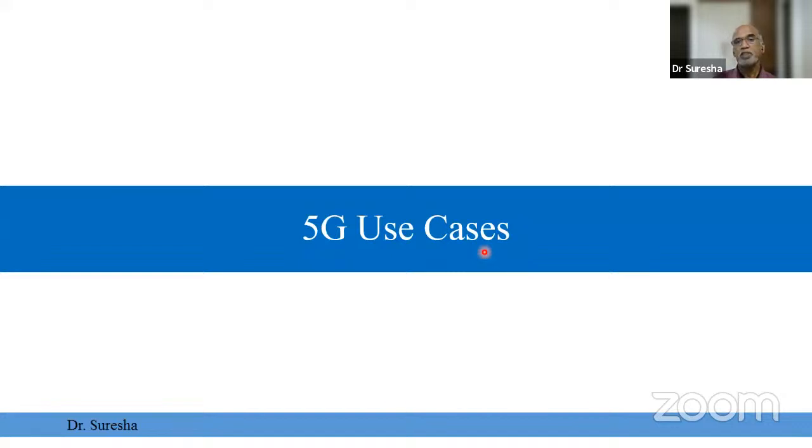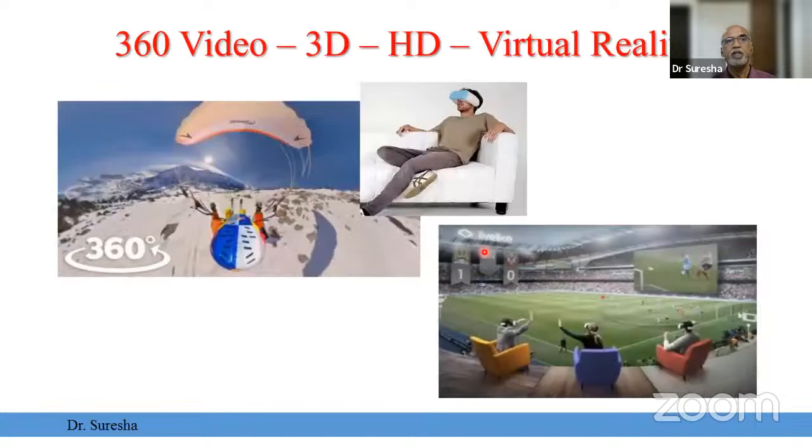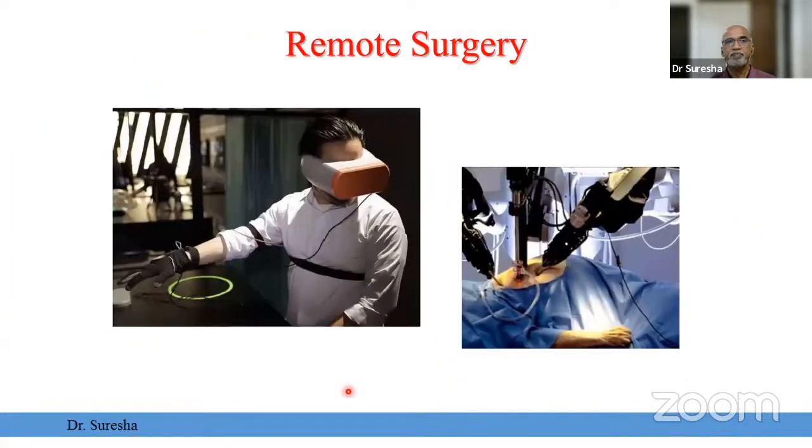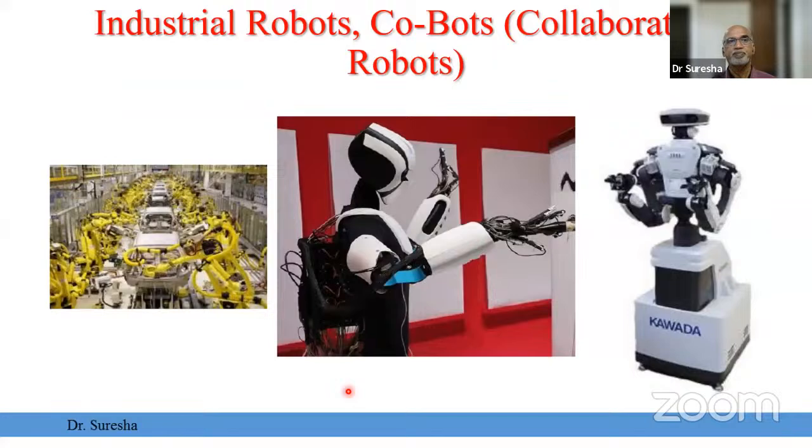So here are some of the use cases of 5G, where you can use it if 5G is exactly implemented. 360-degree video or 3D or HD virtual reality. Virtual reality, you can use it. Fixed wireless access, remote surgery, in the health segment it has more applications.